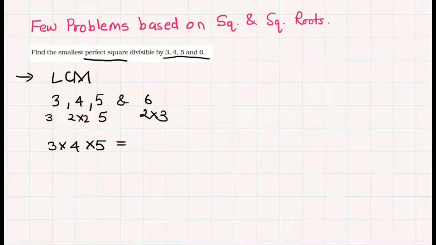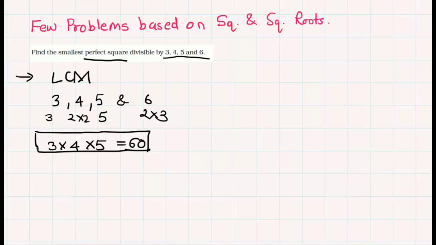So it will be 4 fives are 20, into 3 is 60. You can use any method to calculate LCM here, whatever is taught to you before. I use this method that I just showed you. So 60 is the LCM of the given numbers.